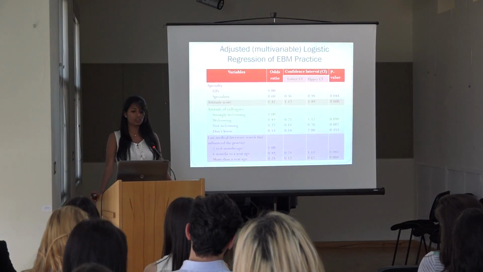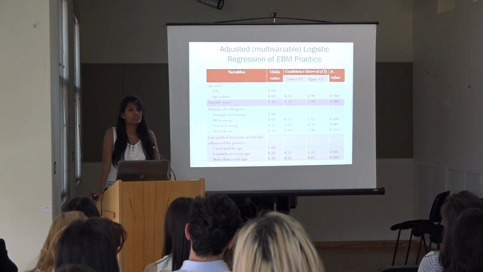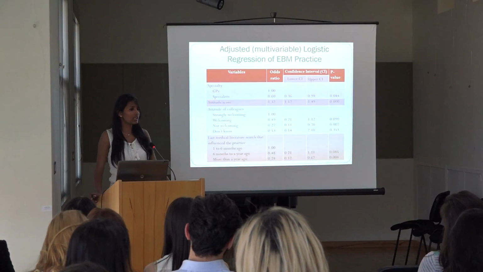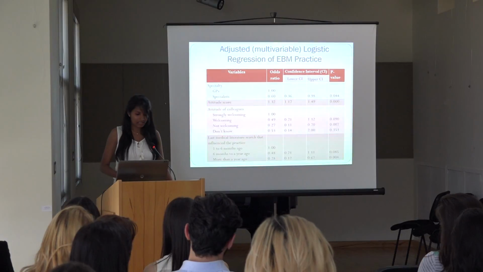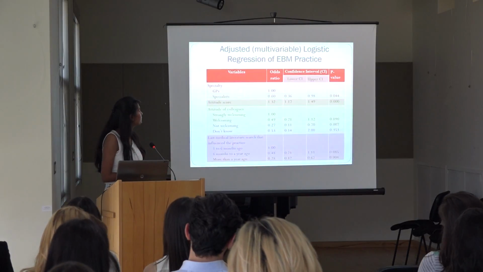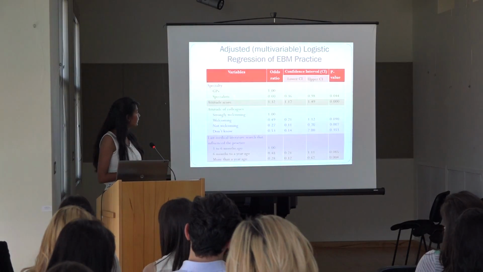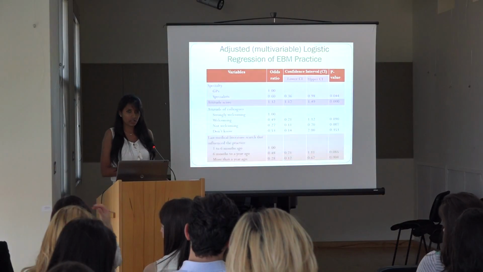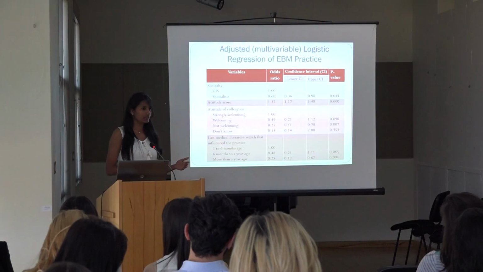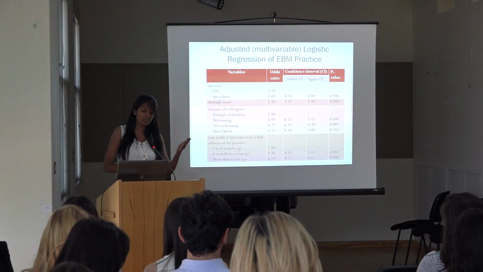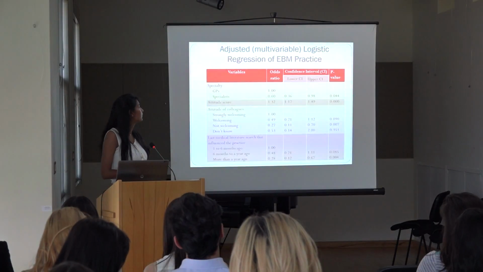Regarding the multivariate logistic regression, we conducted it to see the association between EBM practice, which is our dependent variable, and our independent variable, GPs or specialists. And then we came up with some control or confounding variables. We considered them as control variables if they had a significant association with both our dependent variable and the independent variable.